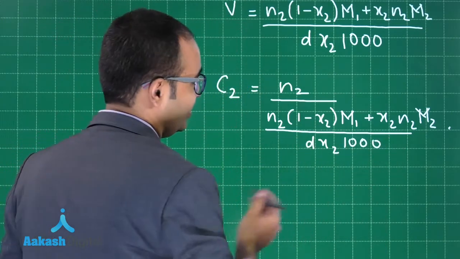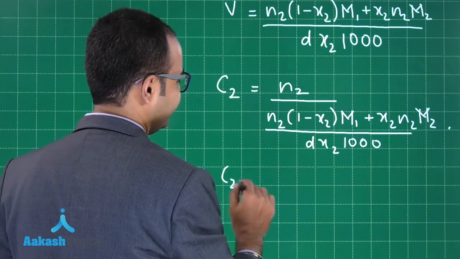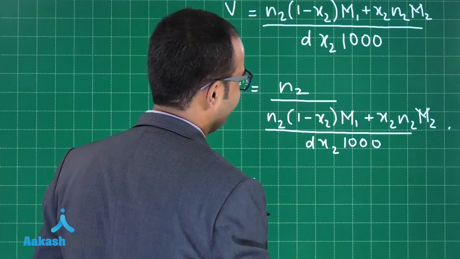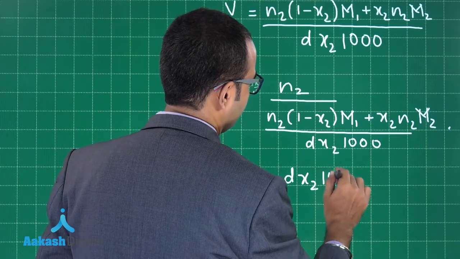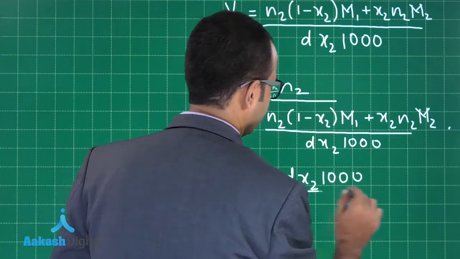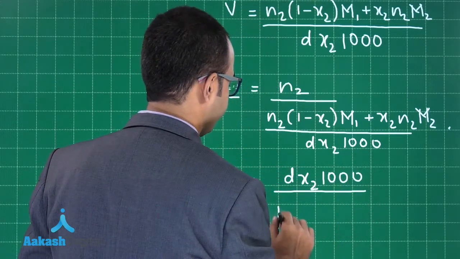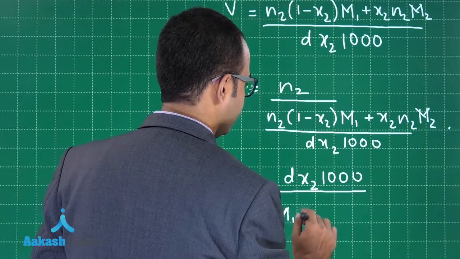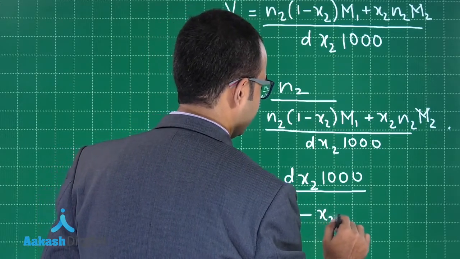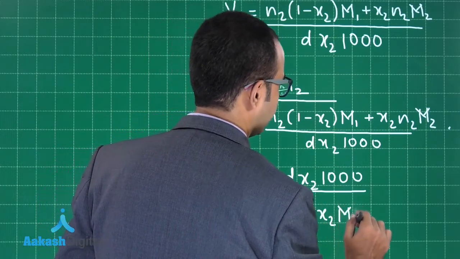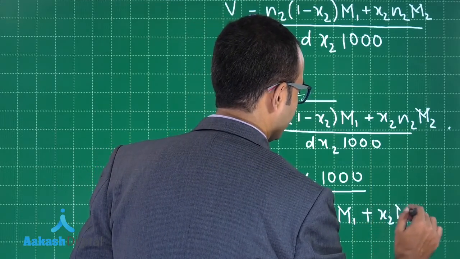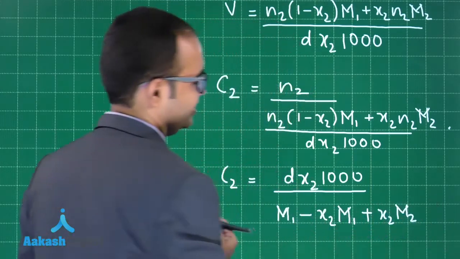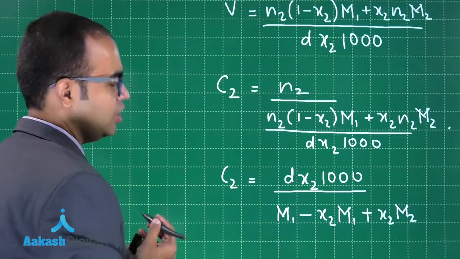So what we can do is we can take N2 common. So N2 cancels. So as N2 cancels, what we have? We have D X2 into 1000 divided by M1 minus X2 M1 plus X2 M2, guys. Okay, so this is your concentration.